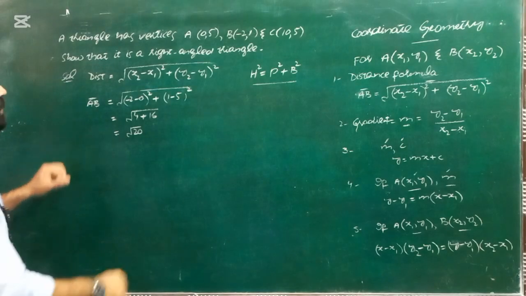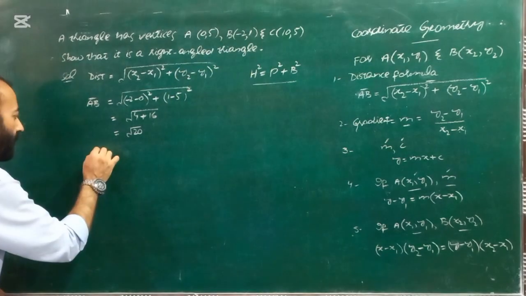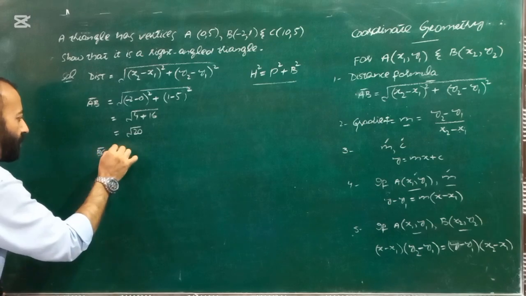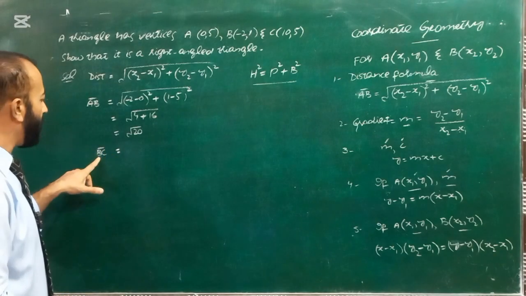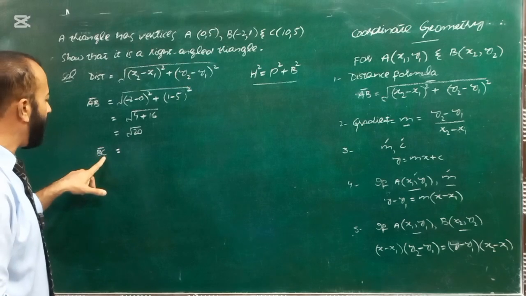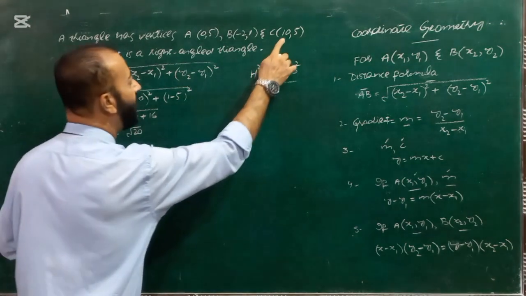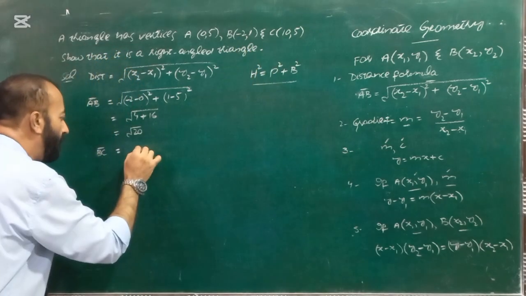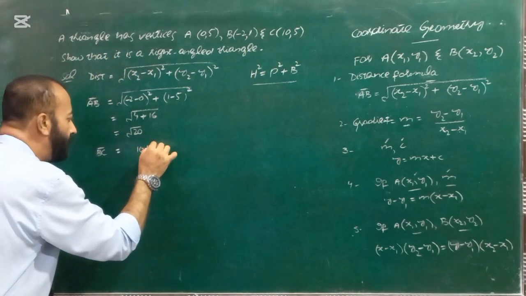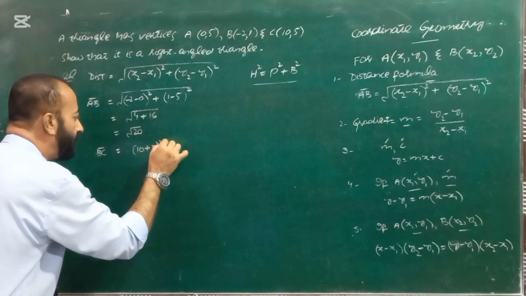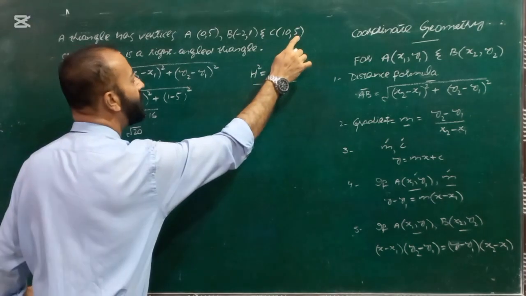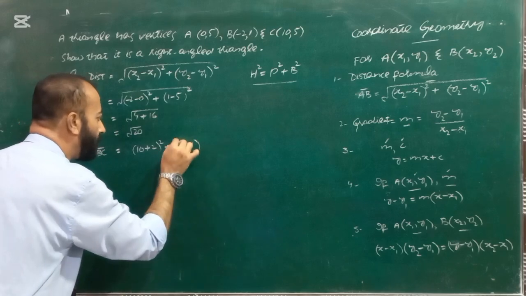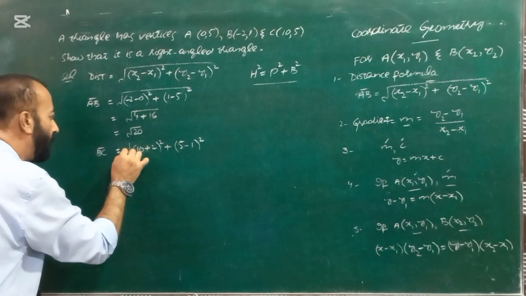Okay, now we are going to find BC. Again, the initial is x1, y1, and the later is x2, y2. So x2 minus x1: 10 minus minus 2 will be 10 plus 2, whole square, plus y2 minus y1: 5 minus 1, whole square, and whole square root.